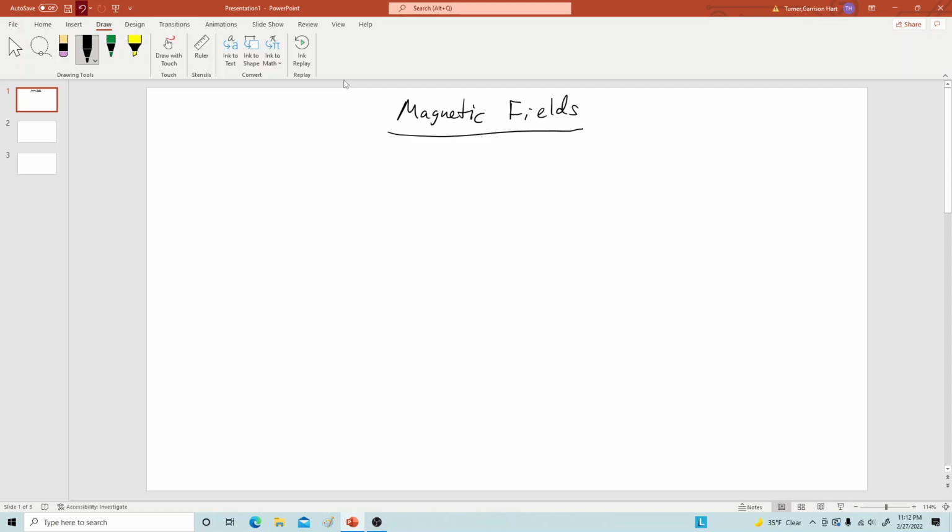One of the properties of these beams is that they would be influenced by magnetic fields. If you brought a magnet in their presence, the beams would deflect.